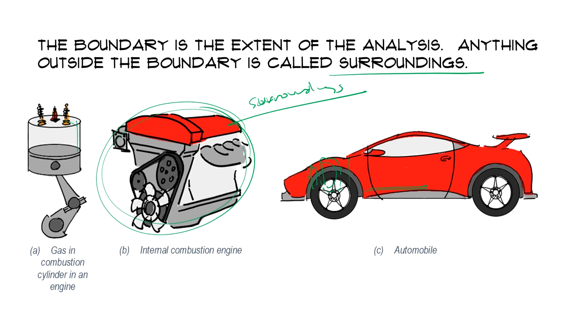Okay, so if this is our system right here for the gas only, then the piston is going to be a surrounding, and the valves here are going to be surroundings, or the injectors or other components. That's going to be a surrounding with respect to the system concerned here.